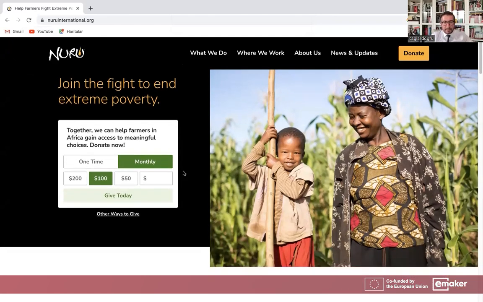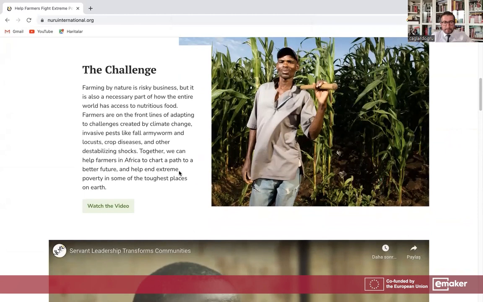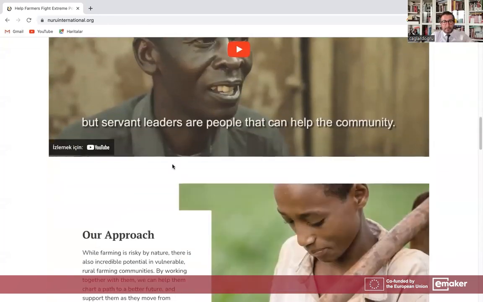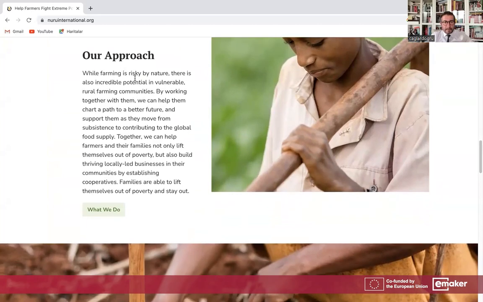There are some donation tabs here. This is something great because they state that they can help farmers in Africa. As I told you before, African farmers, African people have not some, but many difficulties to sustain farming. We may read their approach here. These are just examples for us to generate some social ideas, to contribute something valuable to our world.